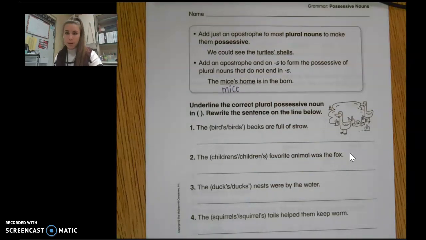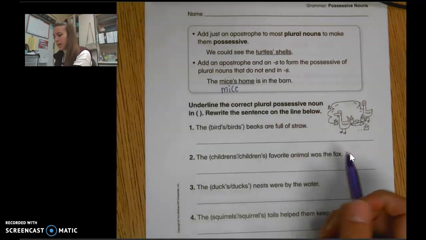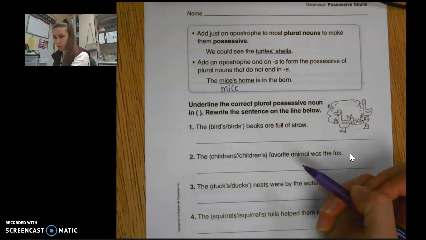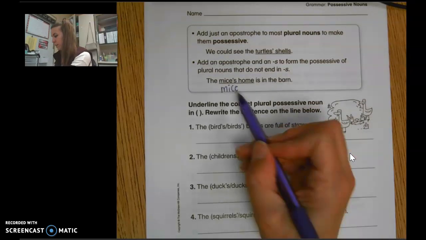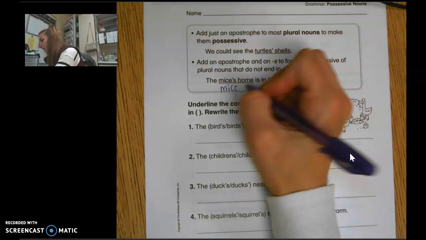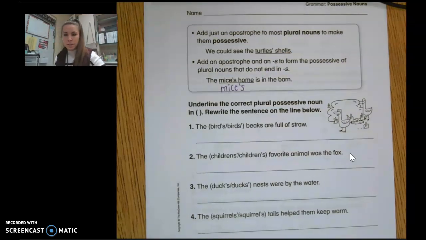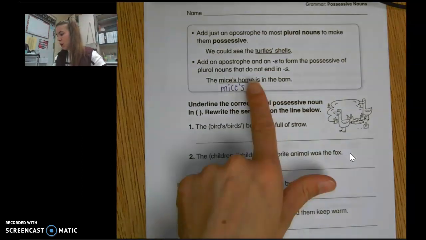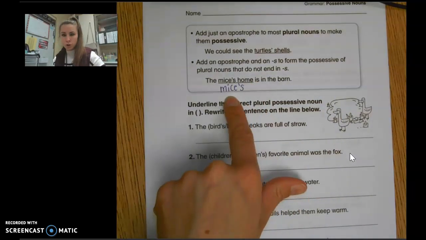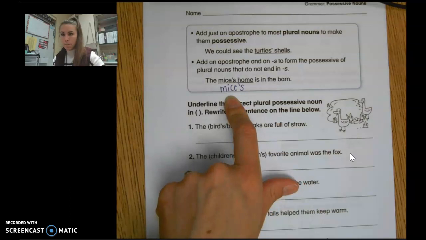But if you're talking about ownership and possessive, you have to add the apostrophe S to the end. It's already plural. There's already more than one if I'm looking at the word mice. And then if I add my apostrophe S, I am now showing that this home belongs to the mice.